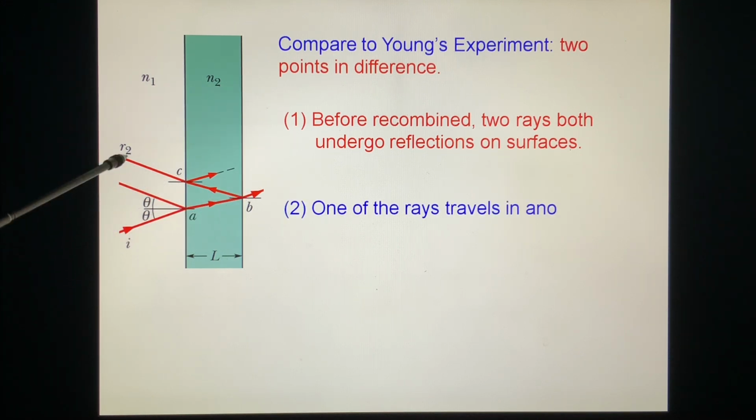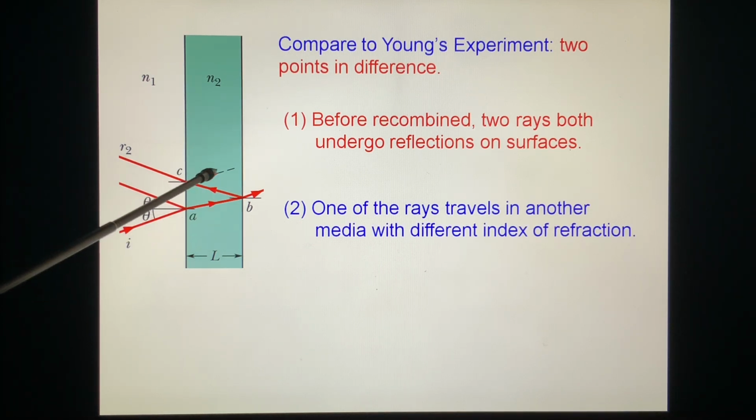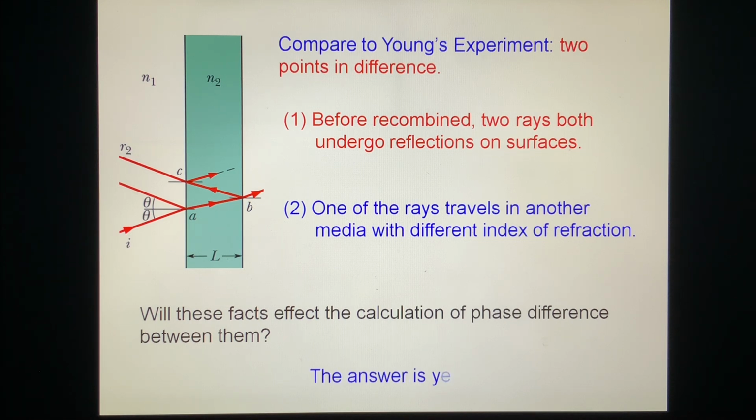Two, one of the rays, ray 2, travels in another medium with a different index of refraction. This index n2 and this index n1 are different. Will these facts affect the calculation of the phase difference between them? The answer is yes. Now let's see how.